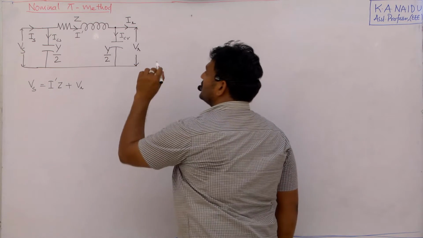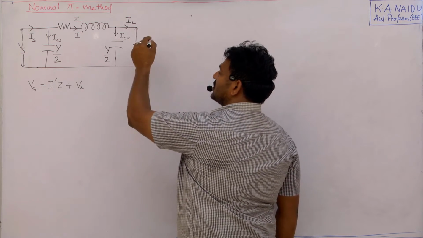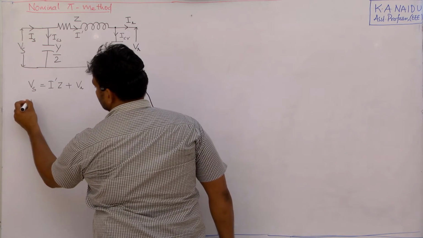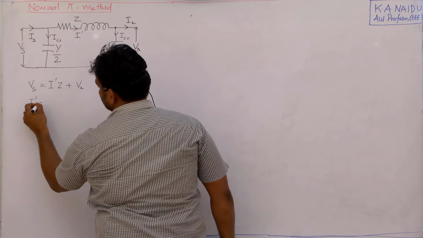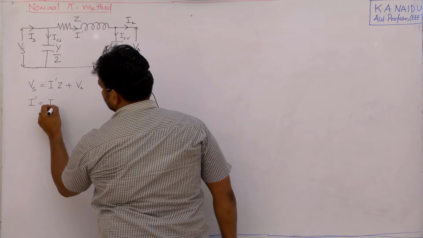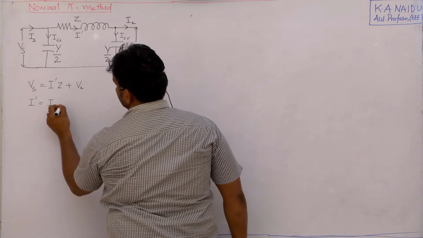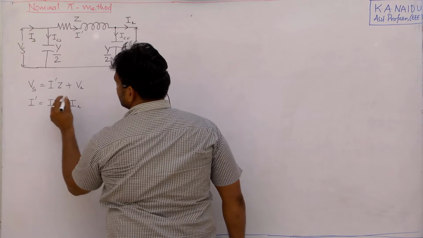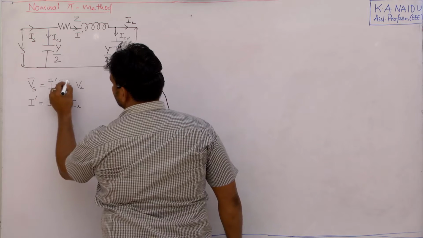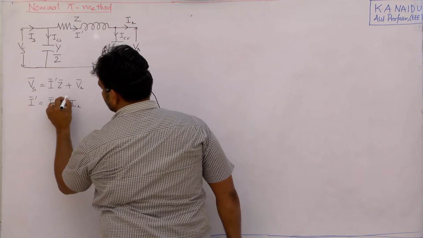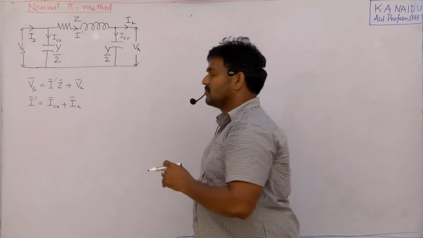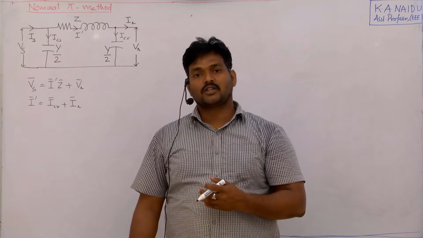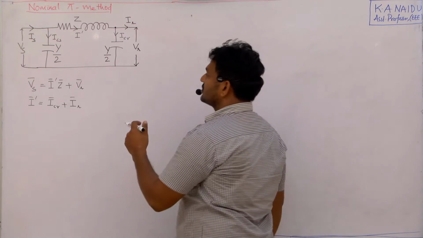Now you apply the KCL equations here. At this point, sum of currents entering is equal to sum of currents leaving. Therefore, I dash is equal to ICR plus IR. All these are phasors, but for simplicity I am not showing this symbol. For AC quantities we have to take the phasor sum, not the scalar sum.